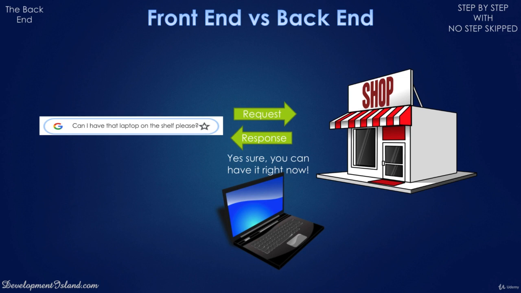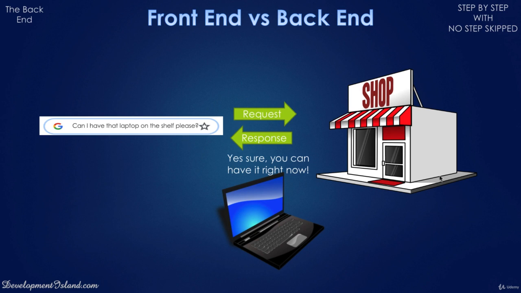And also, all the server has got to do is hand the web page to you without having to do too much work. So the front end in this example is yourself behind the till, and the back end is the shop, although the shop didn't have to do too much work. It's very minimal work here because all they had to do is hand the laptop to you.